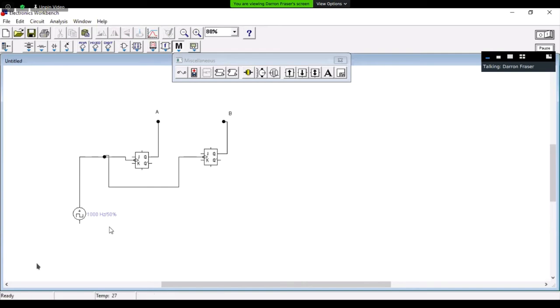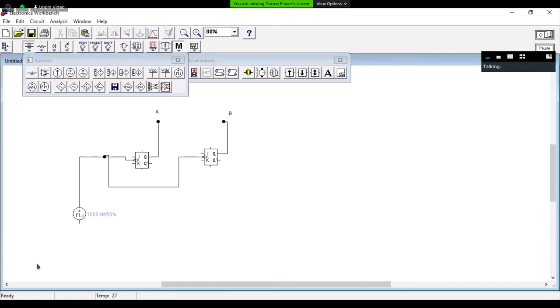All right, so we'll put our circuit together.